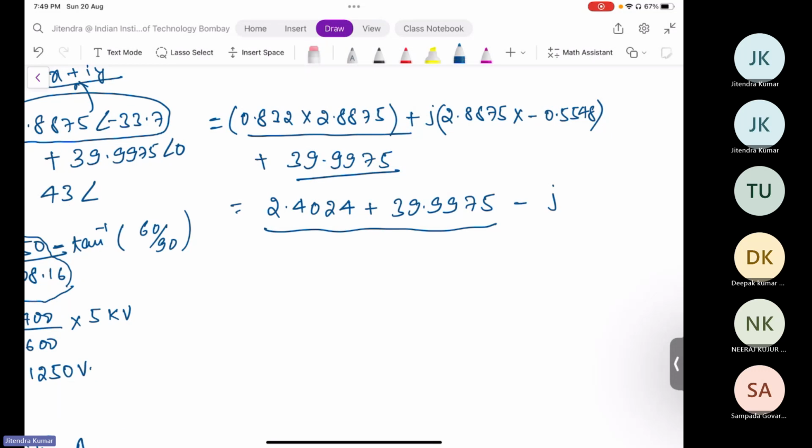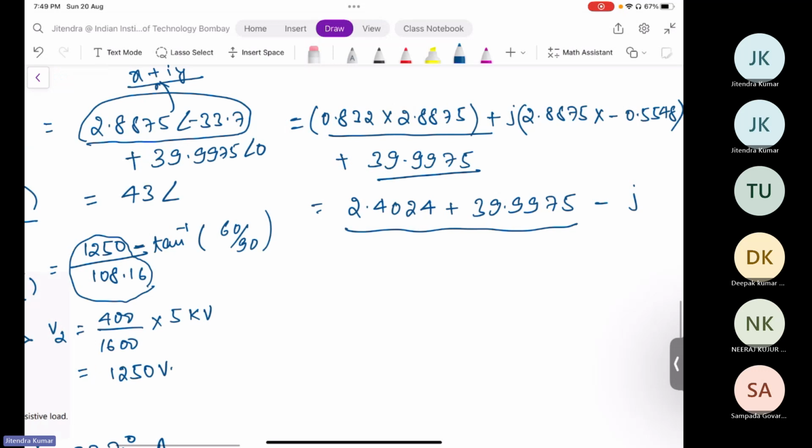Sir, how have you calculated this 0.832 into 2.8875? See, 2.8875 you can see from here, right? Into cos 33.7. So cos 33.7 is nothing but 0.832. How will you break this angular term into cos 33.7 plus j into sine 33.7?